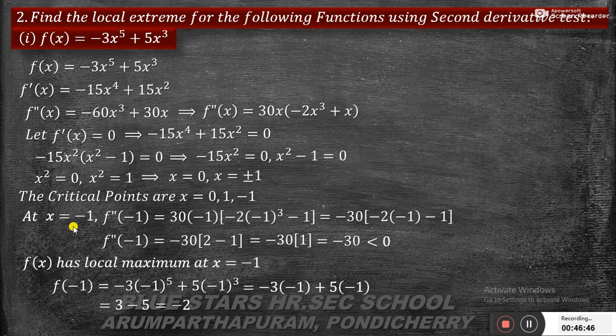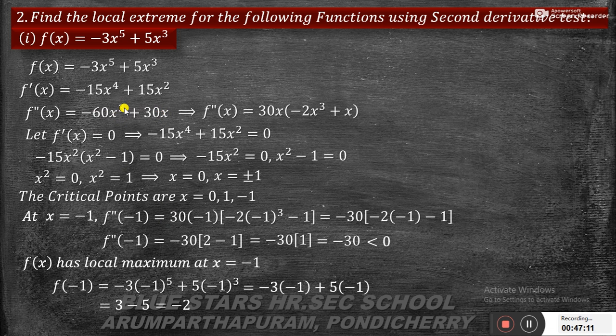Now I substitute the first point, x equal to minus 1, in f double dash of x, which equals minus 60x cube plus 30x. So x equal to minus 1 gives minus 60 into minus 1 whole cube plus 30 into minus 1.